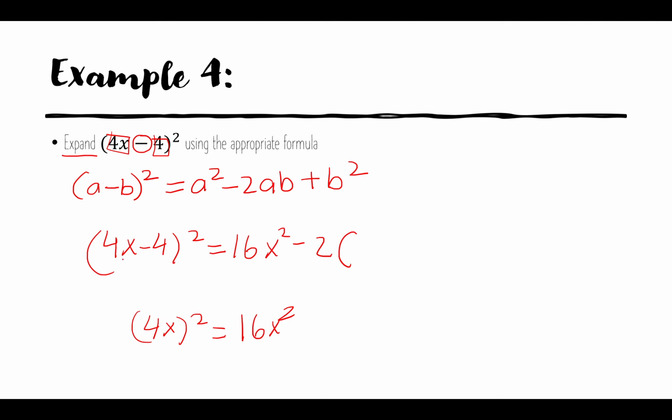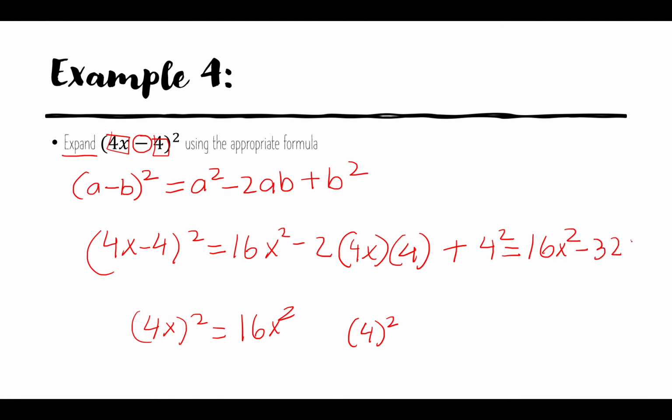So our a value times our b value is 2 times 4x times 4, plus our b value squared, which will be 4 squared, since our b value is 4. In which case, we can simplify to 16x squared minus 32x plus 16.